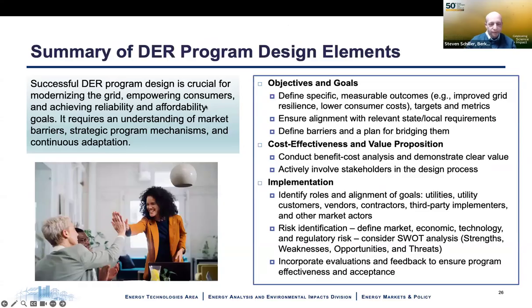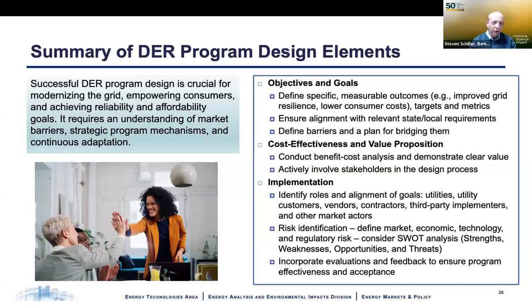So in summary, for this part on the program design elements, successful DER design is crucial for modernizing our grid, empowering consumers, and achieving reliability and affordability goals, meeting the goals and objectives of both the utility system, whether it's natural gas or electricity, the jurisdiction, the state, and consumers as well.